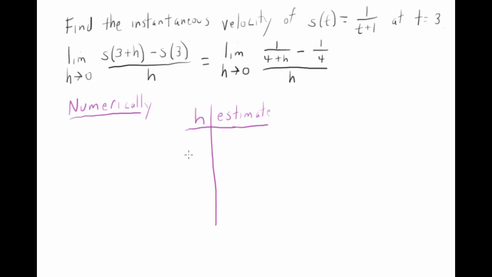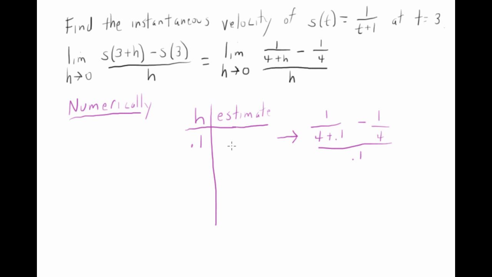So let me just make sure that we're okay with this. I'm going to try, for example, first 0.1. Now I'm going to put the number in there, but I want to show you how I got that. That's going to be 1 over 4 plus 0.1 minus 1/4 all over 0.1.